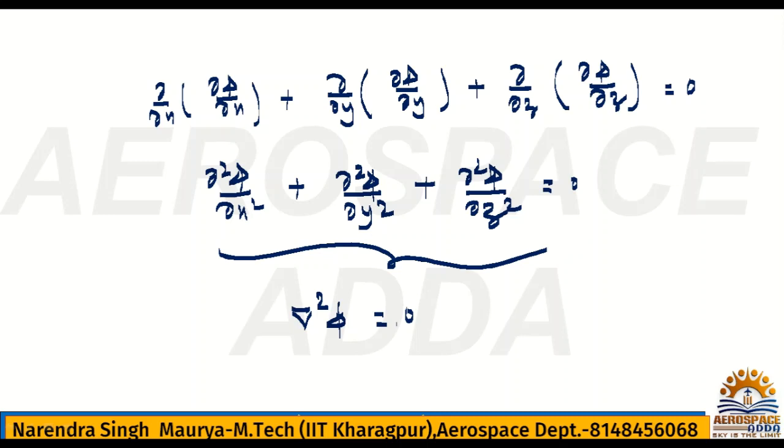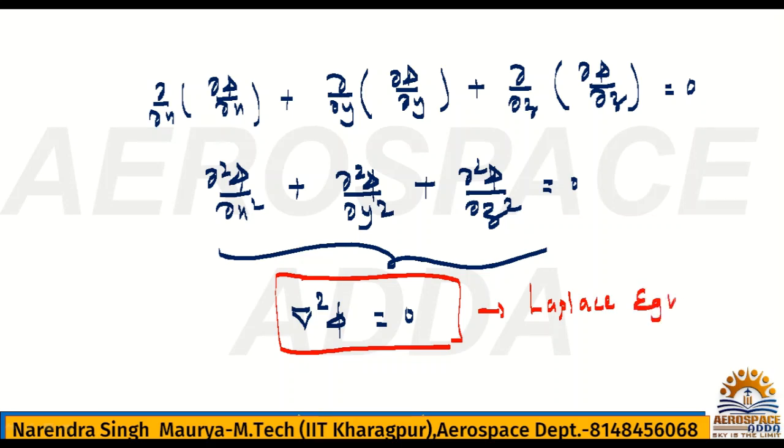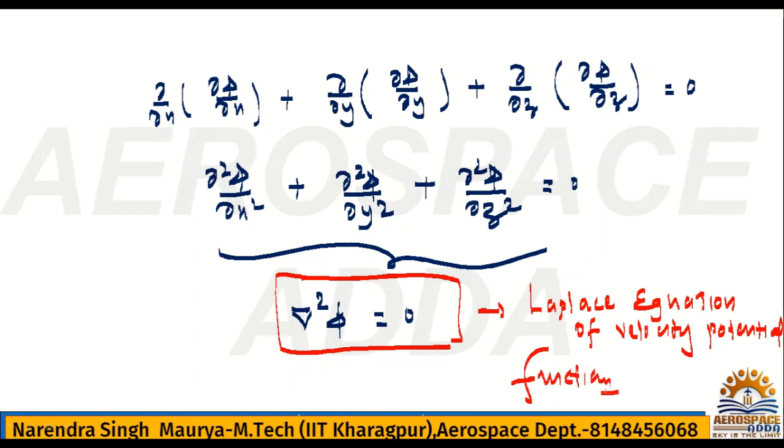Yes or no? Grad square phi. What is this grad square phi? This is nothing but called the Laplace equation of the velocity potential function.